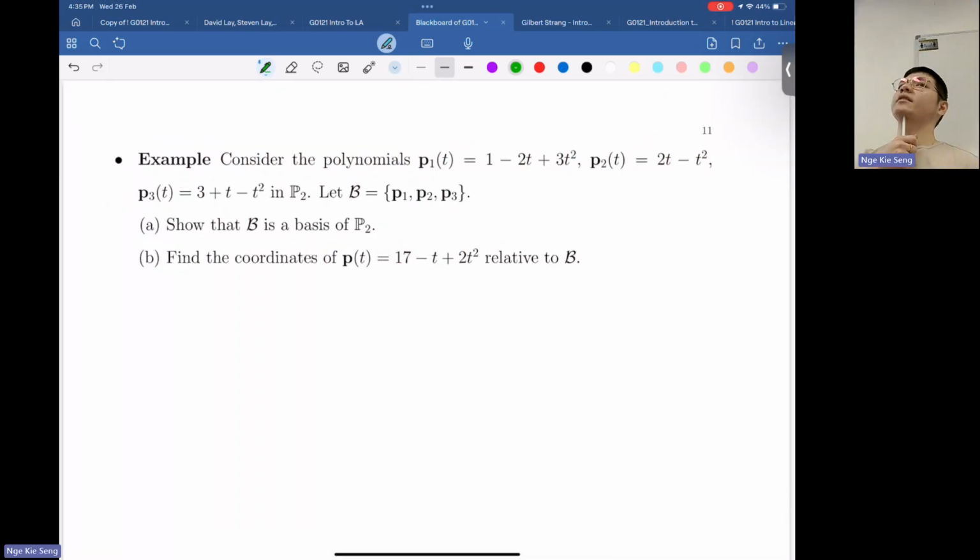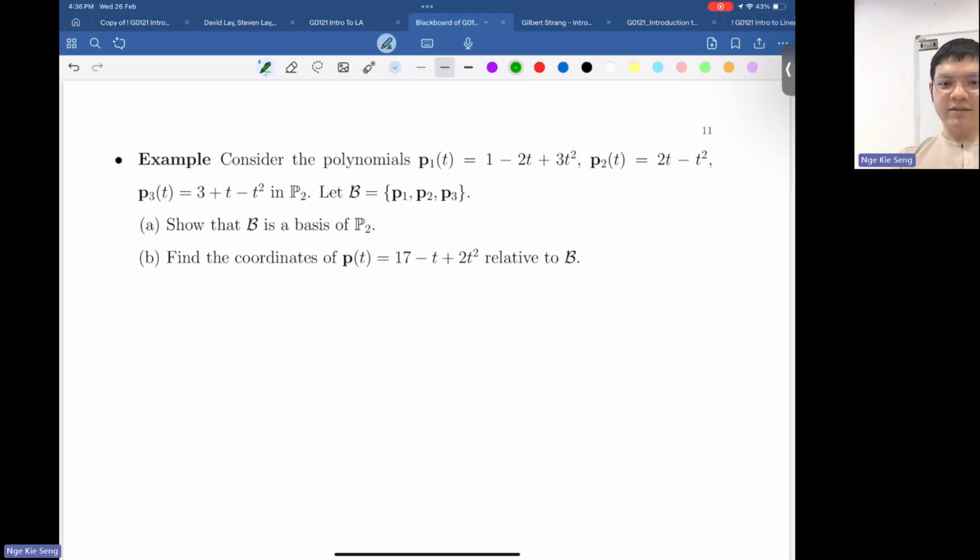Let's go to a different vector space and see how we show a basis. In this class, the most important vector spaces are either Rn or this one, the space of polynomials. We do a lot of examples on the space of polynomials, so these two you should be familiar with. Others are fine. So how do we check this is a basis? This one is a bit tricky.